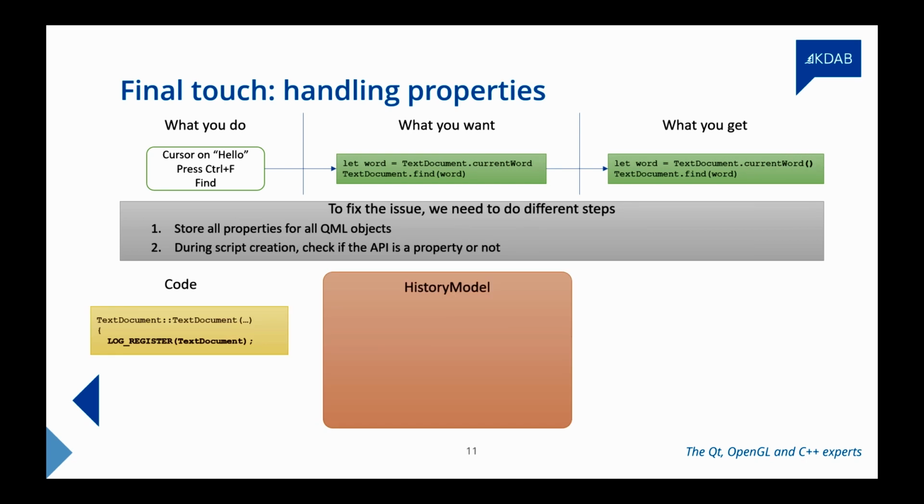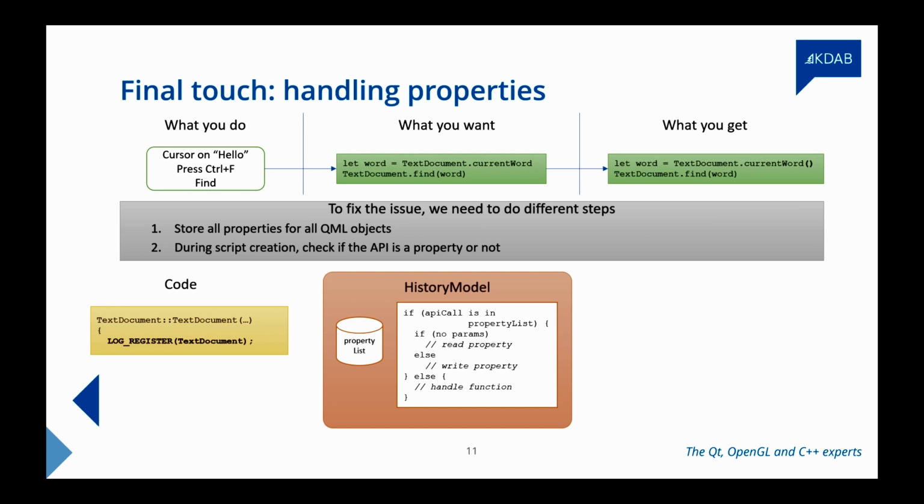So let's have a look here. The way I did it is probably not the best way. There are probably better ways, but that's just an example here. So I have a log register, which is going to load all the properties from my text document inside the property list of my history model. And whenever I'm creating the script from there, I'm checking: is the API call a property?